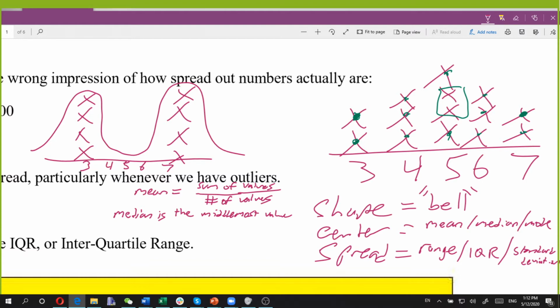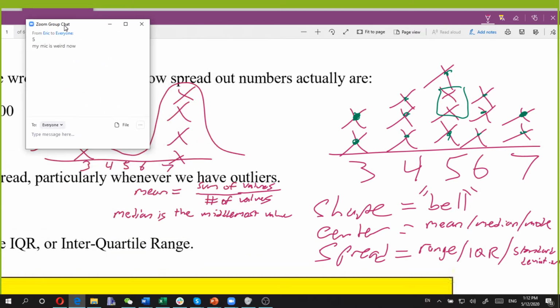Okay, and then for the mode, I'm going to go back to Eric, who's on chat. Eric, what is the mode? Flash this so everyone can see your chat.